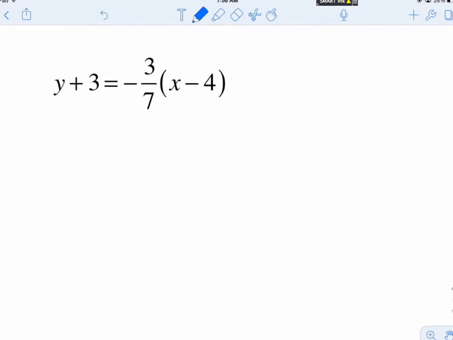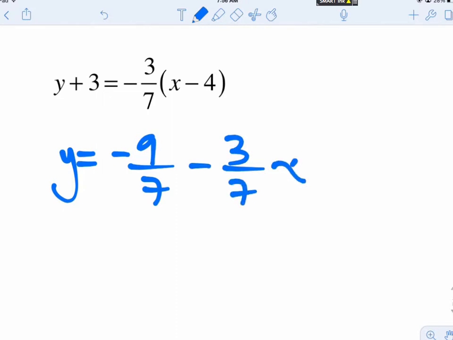But let me tell you, doing that is not going to be very helpful because we're going to end up with y equals, let's see, 12 minus 21, so -9/7 minus 3/7 x. I think I did my math correctly. 12 minus 21, yes. And check it out, this y-intercept, -9/7, is not very nice to graph. So I'm not feeling very confident about using that form of the linear equation.